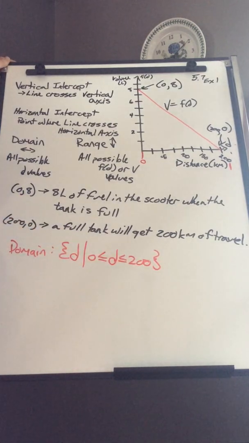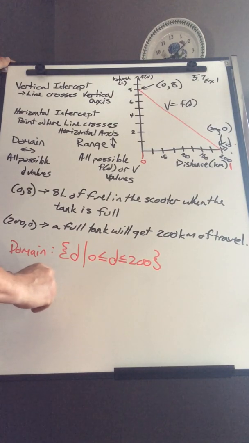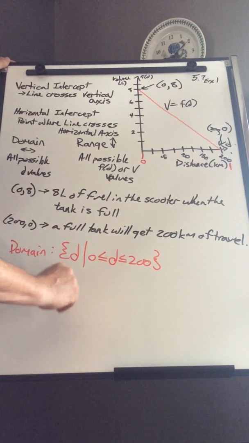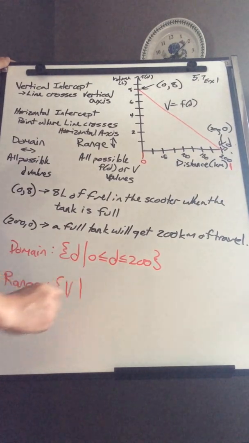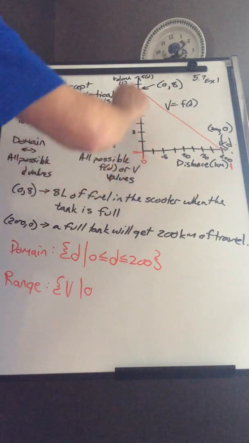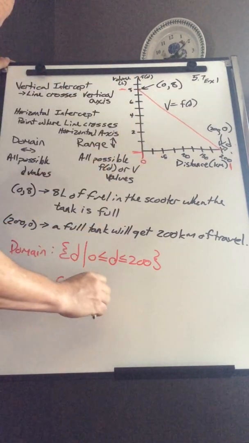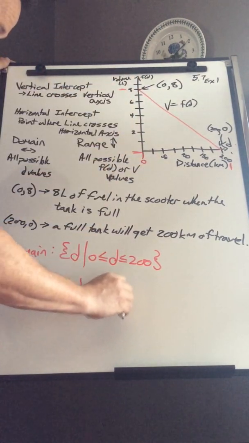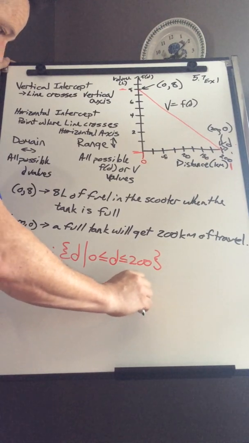So that's my domain. My range, this is all possible vertical values for this situation. We'll just write V. 0 here to 8, so 0 is less than or equal to V, less than or equal to 8.